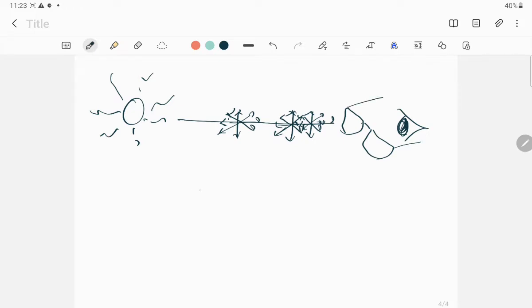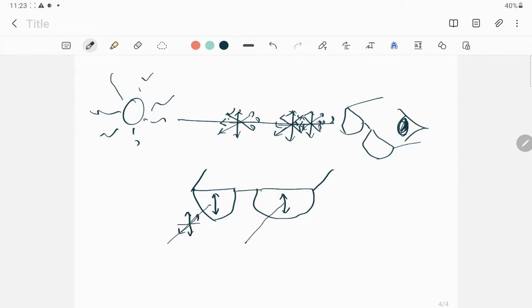Okay. In polarizing sunglasses, what happens? Say it will have some vertical orientation like this, okay. That means whenever light falls on it, say it is going with vertical and all different orientations, like this, horizontal and inclined.